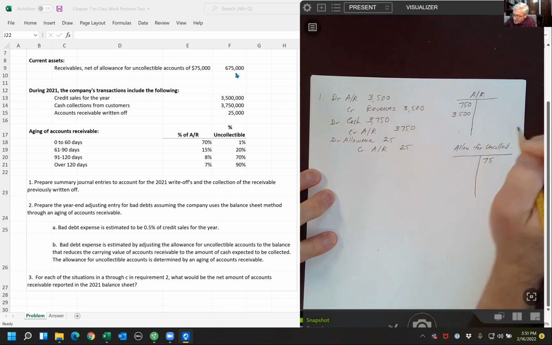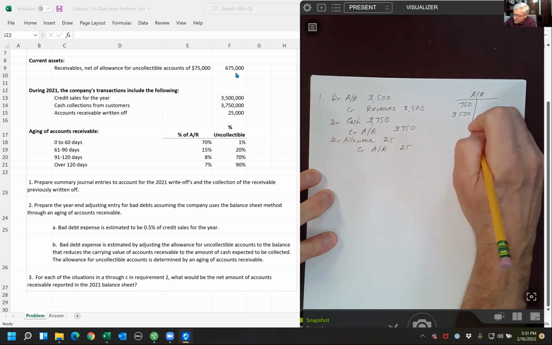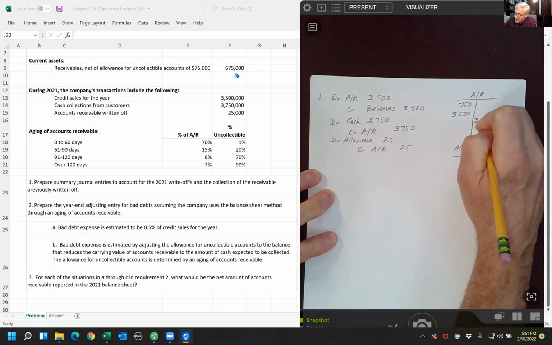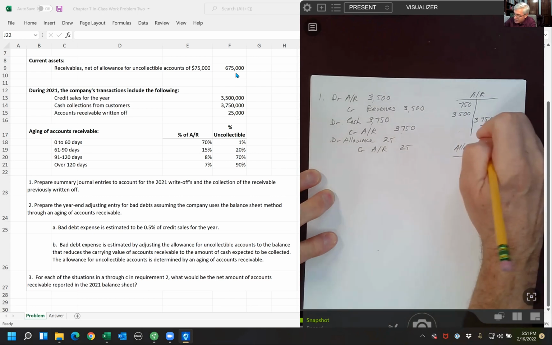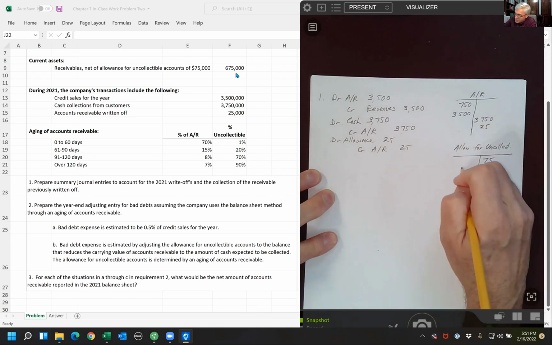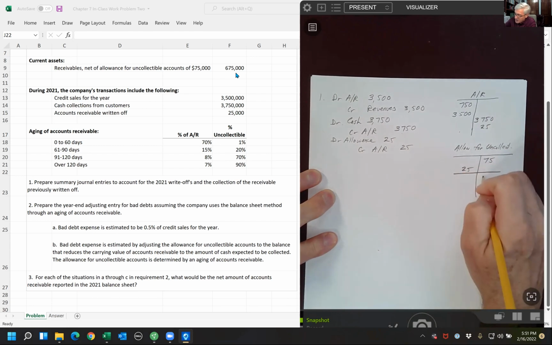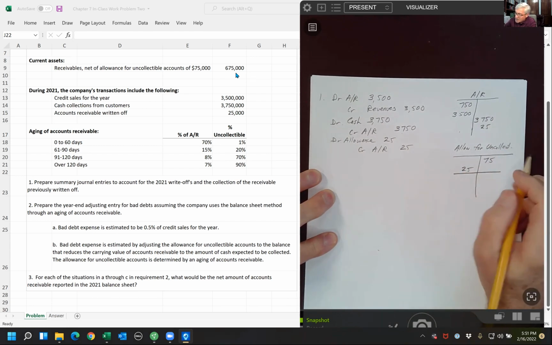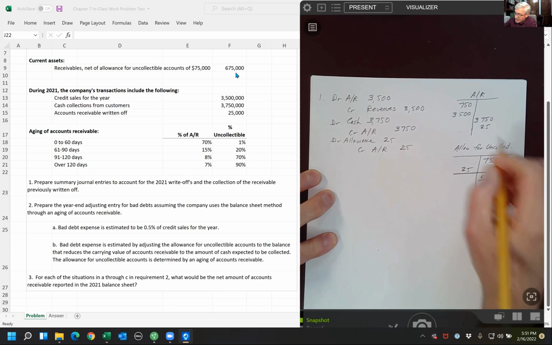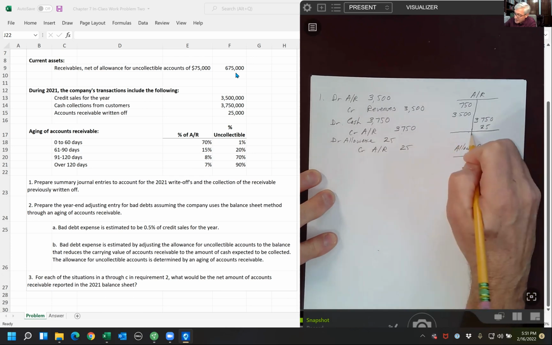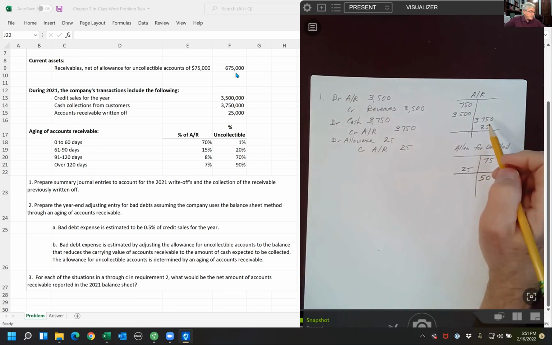Debit the AR 3,500, credit the AR for 3,750 in thousands, and then we're going to write off these AR 25 and 25. So right now, before we do our allowance for doubtful accounts entry, our bad debt expense entry, we're sitting with 50 in the allowance account and 425.